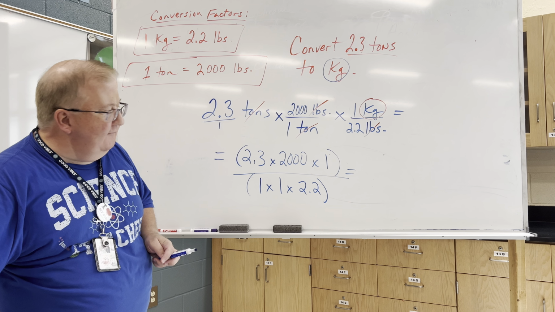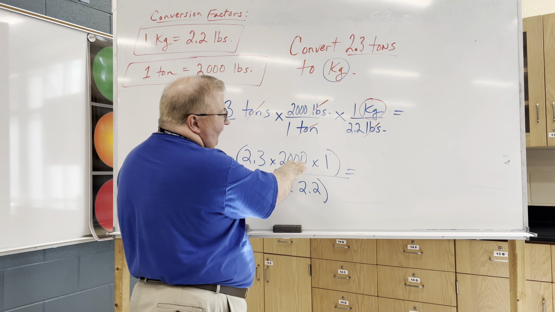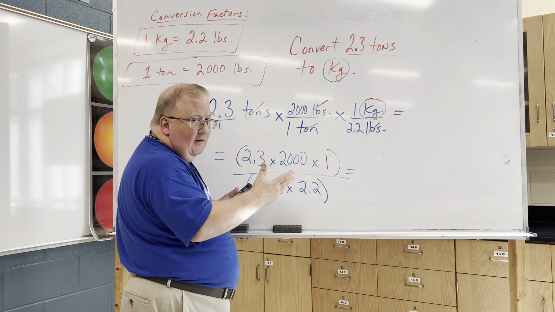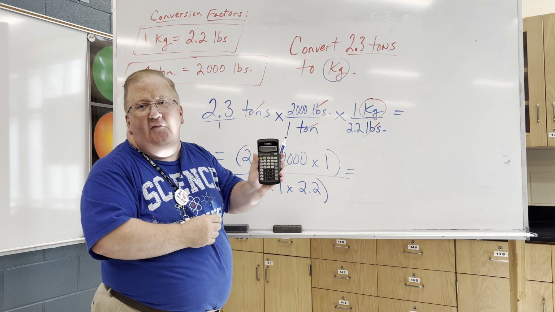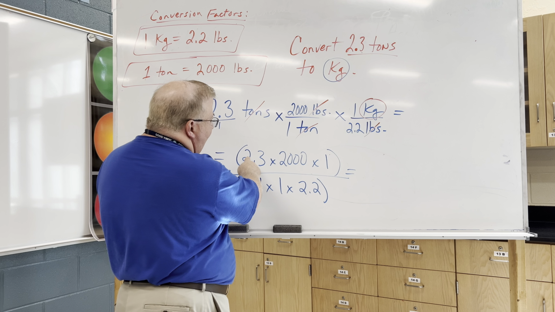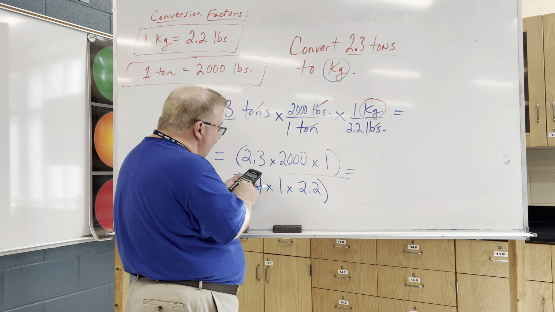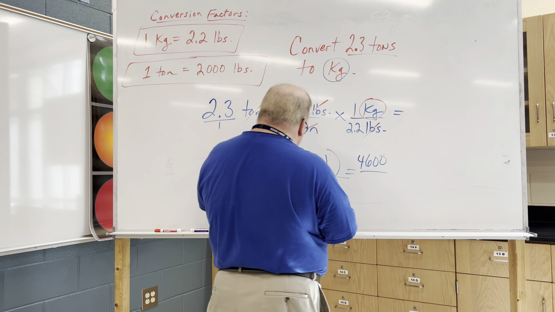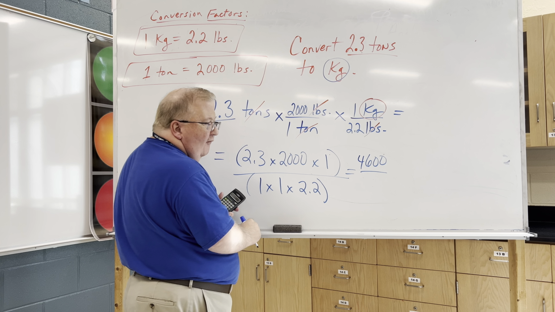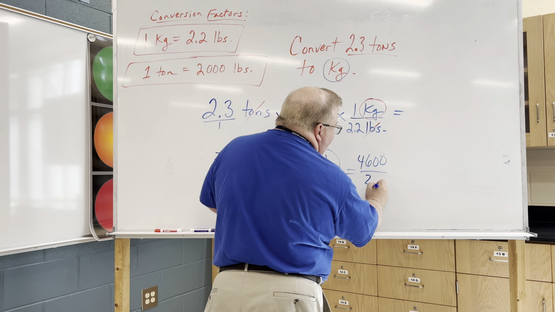Take your calculator, and actually I'm going to do it all kind of a long way. Don't mess up by crunching the number incorrectly in your calculator. So go ahead and say 2.3 times 2,000 and write 4,600 over 1 times 2.2, which is obviously 2.2 still.